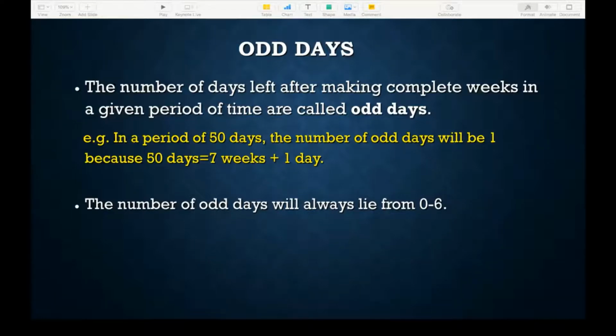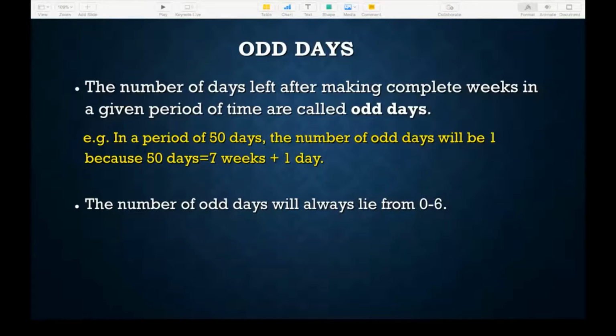Or you can simply say that if I give you any number of days and ask you the number of odd days, you will simply divide that number by 7 and whatever remainder comes will be the number of odd days.